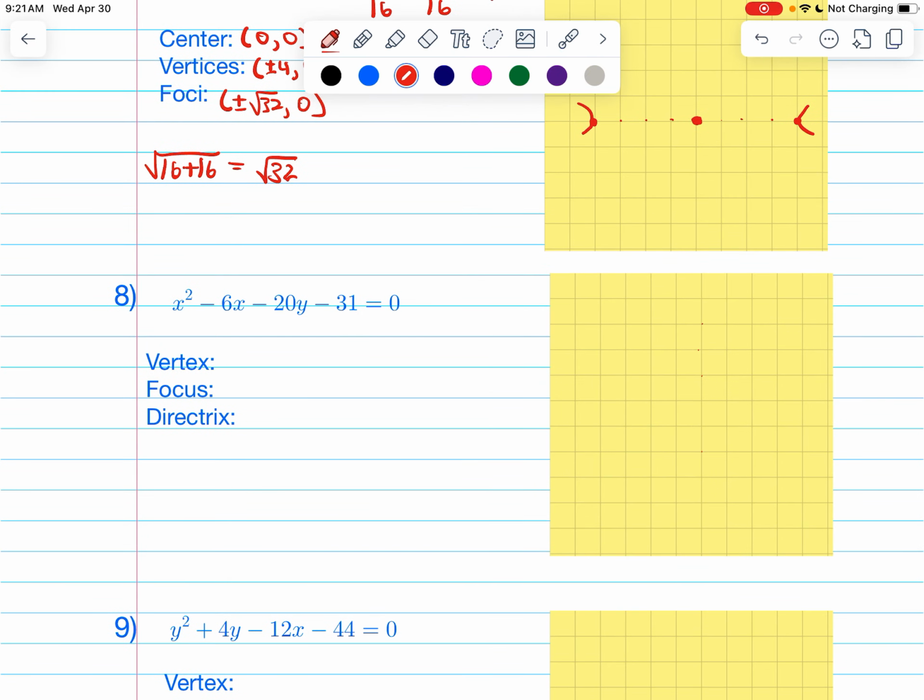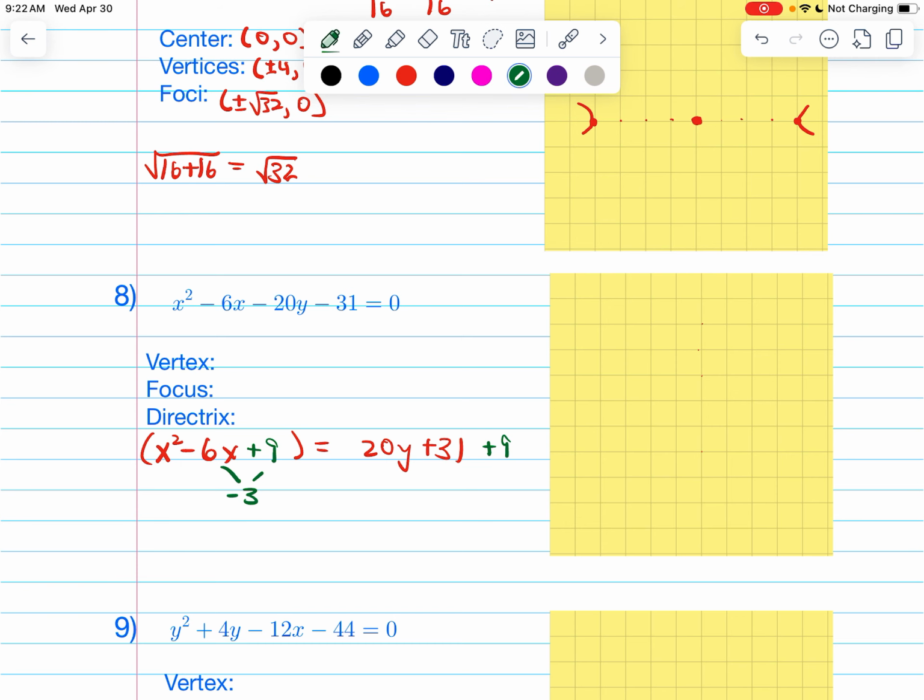Now this next one looks like a parabola, so we want to complete the square with this one. So I've got x squared minus 6x equals, move everything else to the other side, 20y plus 31. Okay, so I'm going to complete the square. I take half of this and square it.